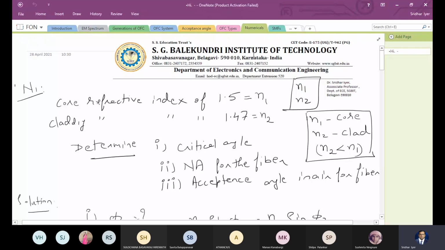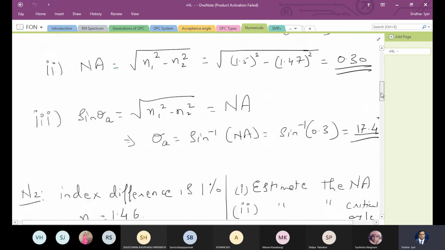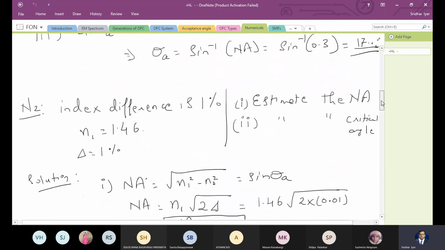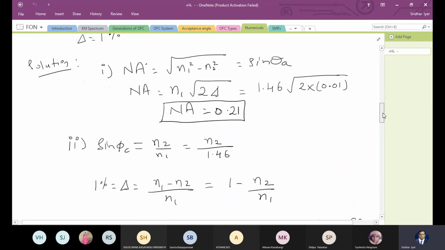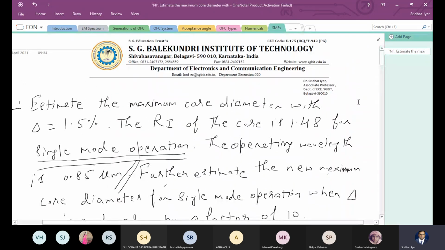Then we went on to solve some numericals based on different aspects which we have discussed, like critical angle, numerical aperture, which is the light gathering capacity of the fiber, index difference delta, and various other factors. In the last lecture, we were discussing single mode fiber, and we discussed that the condition for a single mode fiber is that the V number V should be less than or equal to 2.405.